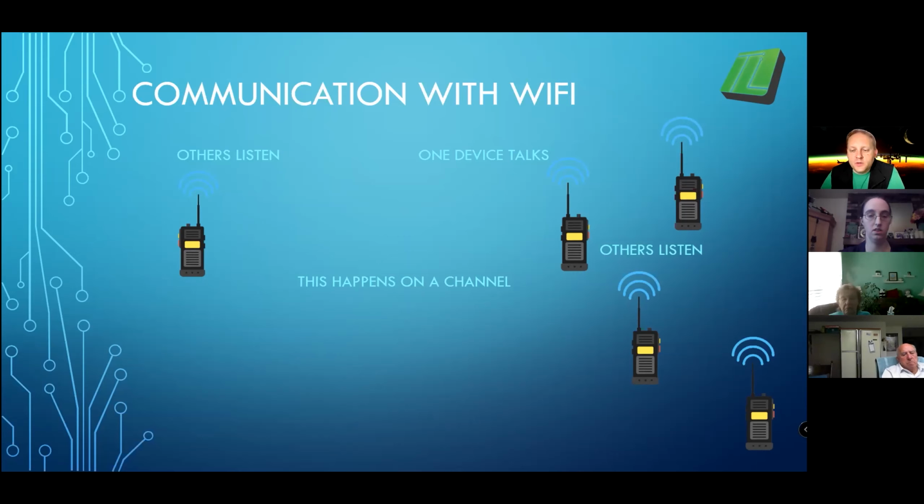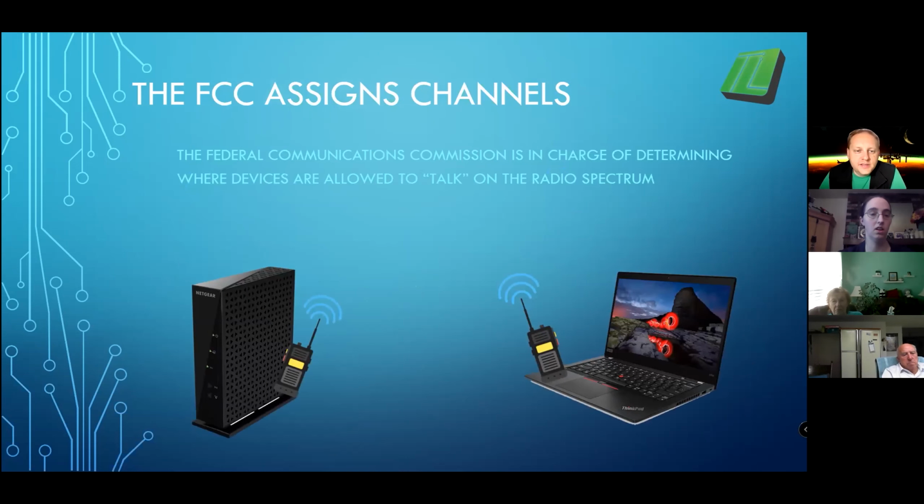And this happens on what's called a channel. And the channels are assigned by our friends at the federal government, the Federal Communications Commission. They are in charge of determining where devices are allowed to talk to each other on the radio spectrum. So there is a dedicated area that Wi-Fi is allowed to communicate.